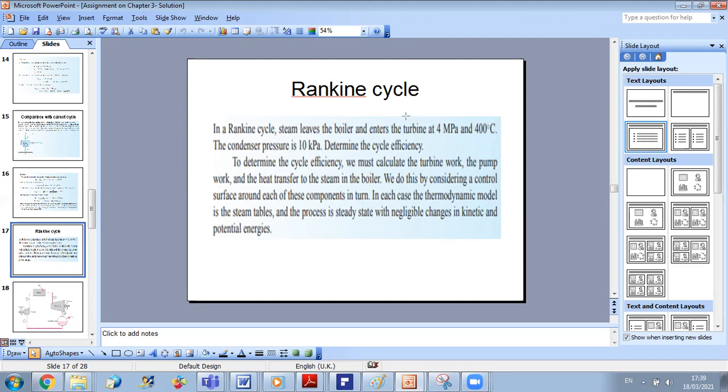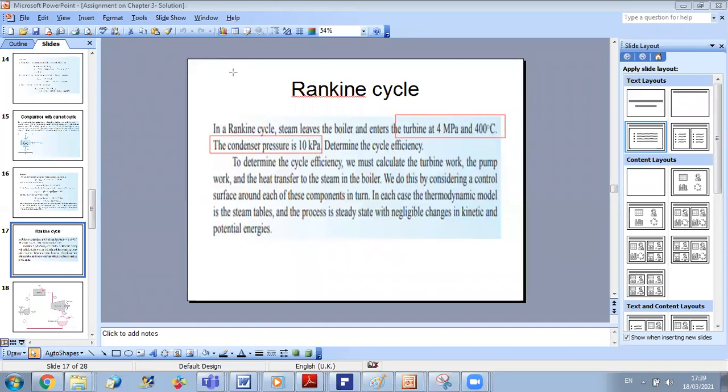Okay, okay. So at the inlet of the turbine, the conditions are 4 megapascal and 400 degrees, while the condenser pressure is 10 kilopascal. So this is just what I know, but it's enough to find the cycle efficiency. In order to know how to work, I should draw my diagram and put the conditions.